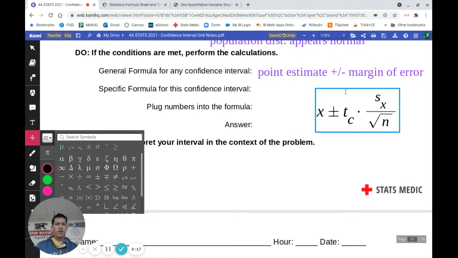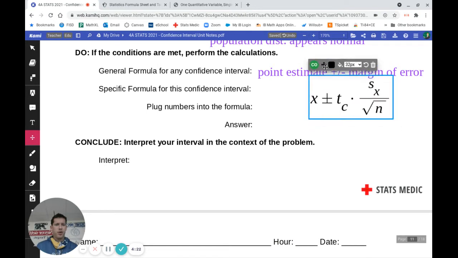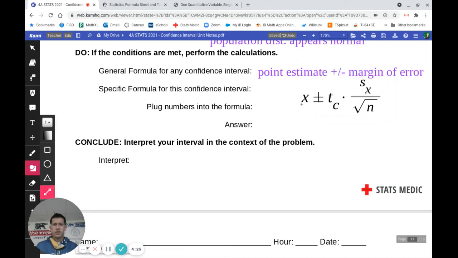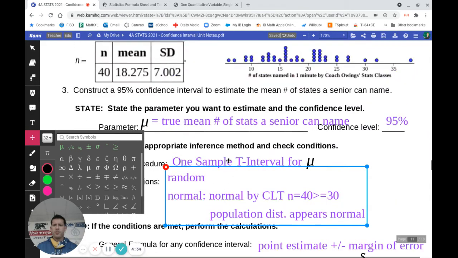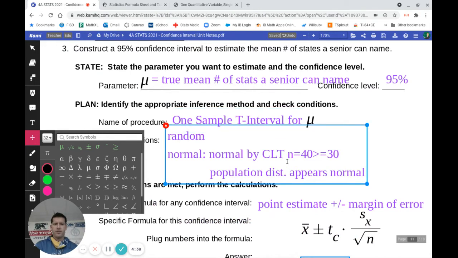So our formula we're going to use right there. Can change that so it is x bar. So we're going to add that bar over the x because that is our sample mean. And then we can plug those values in. For our sample mean, it looked like we were 18.275.